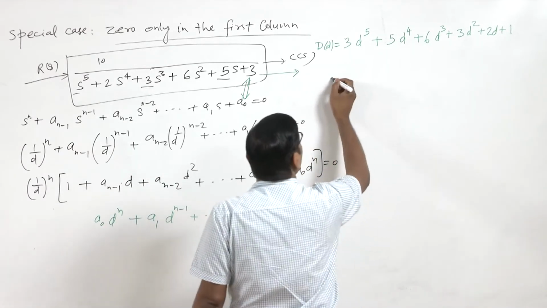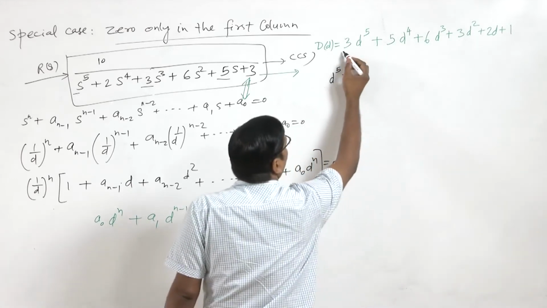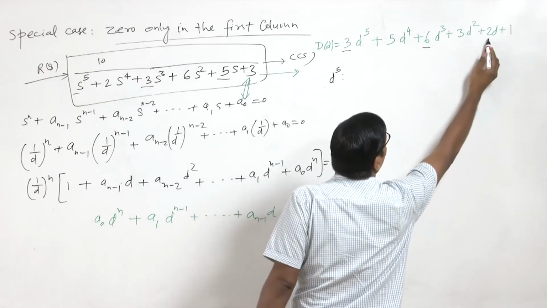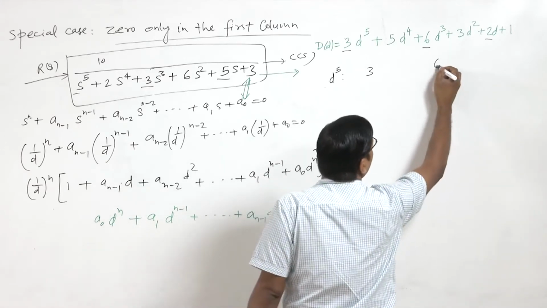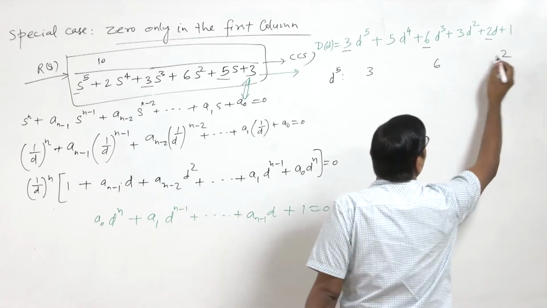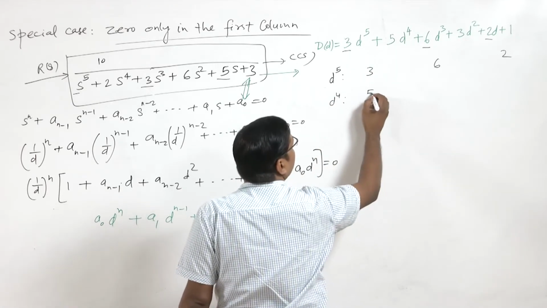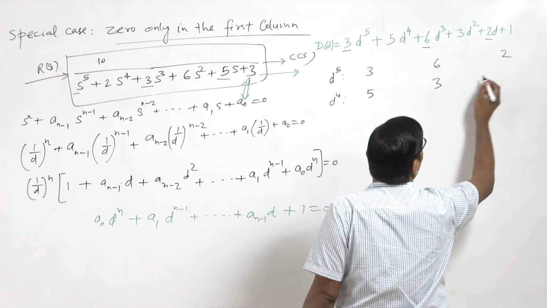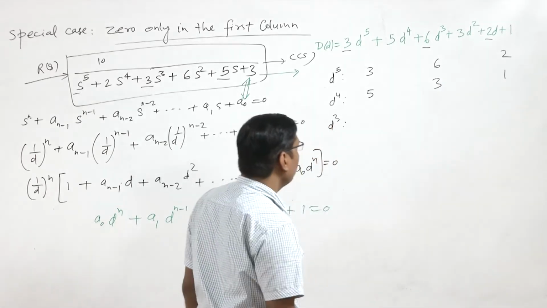So we have d power 5: 3, 6 and 2. Then d power 4: 5, 3 and 1. Now we calculate the next term.